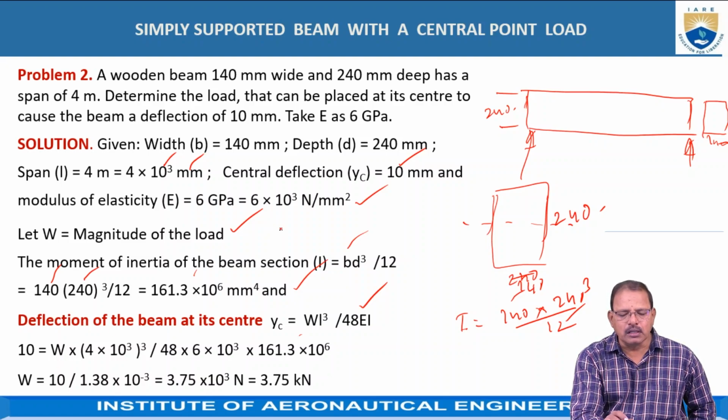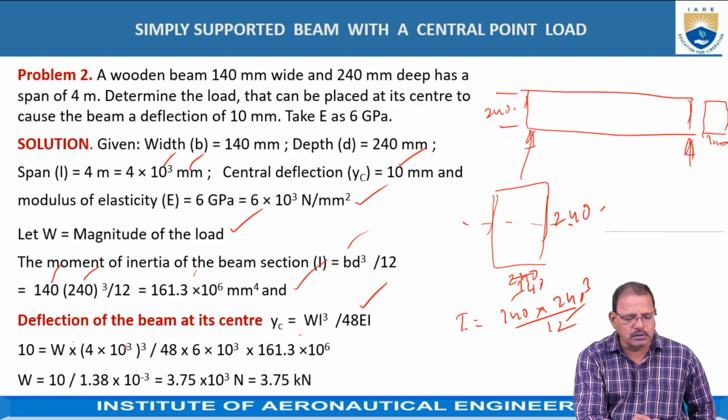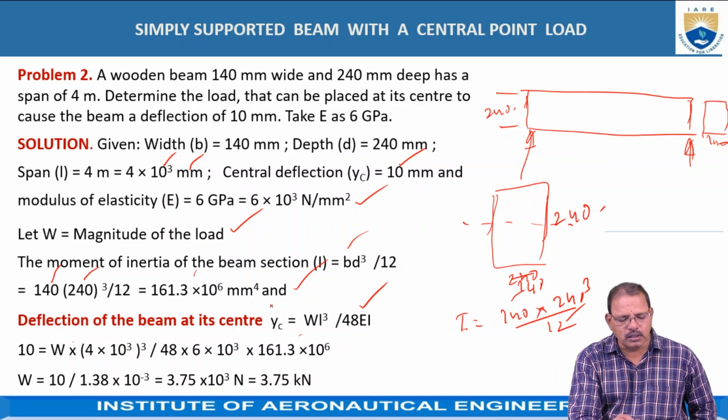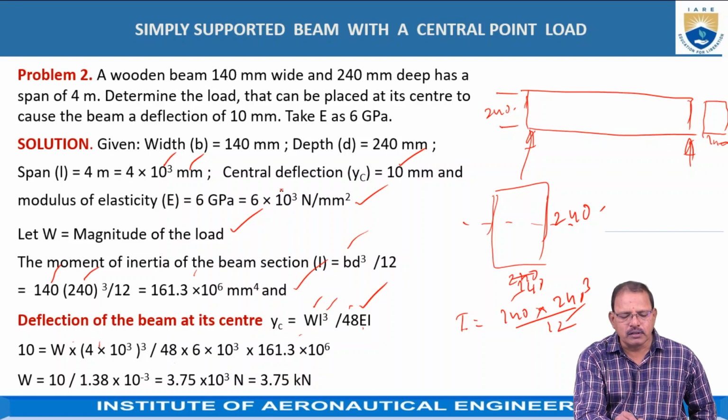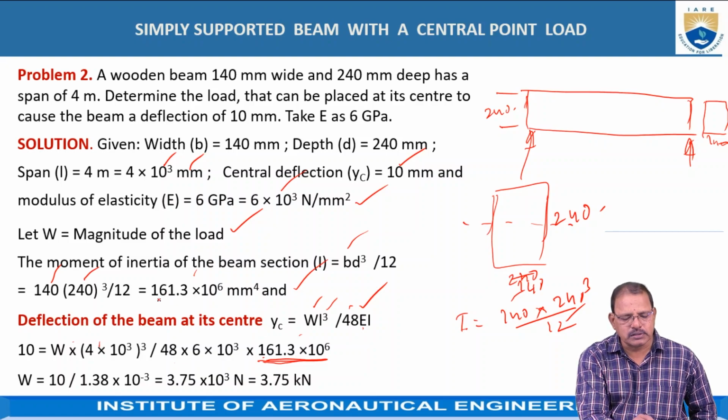W. Here we have to determine the required load, hence the W value. Assume W acts at its center, W into (4 × 10³)³, that is WL³, divided by 48 into E, the Young's modulus. Already we have taken it as 6 × 10³ Newton per mm², and I is the area moment of inertia, 161.3 × 10⁶.